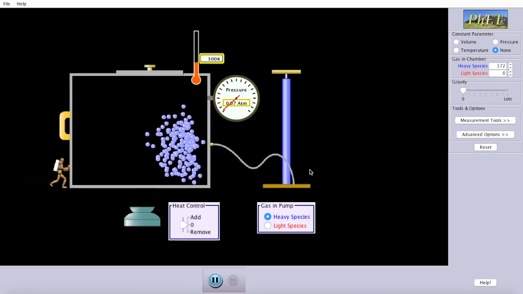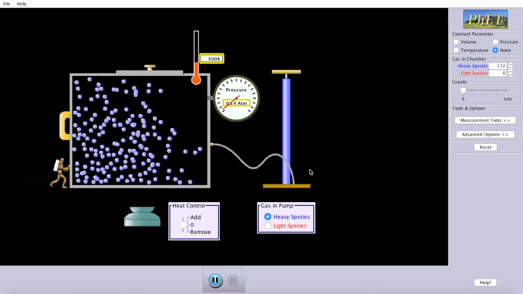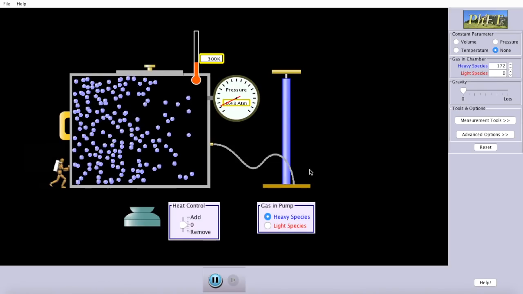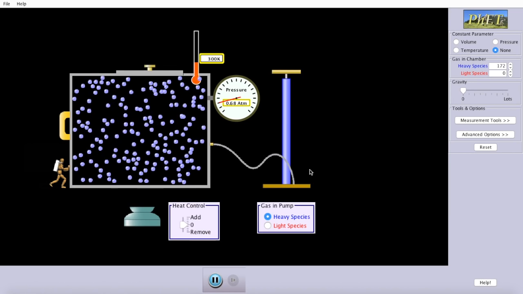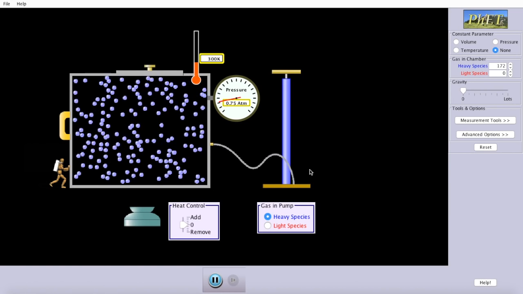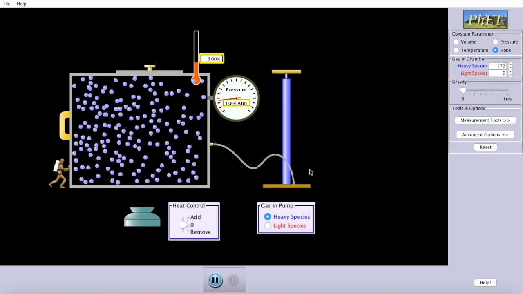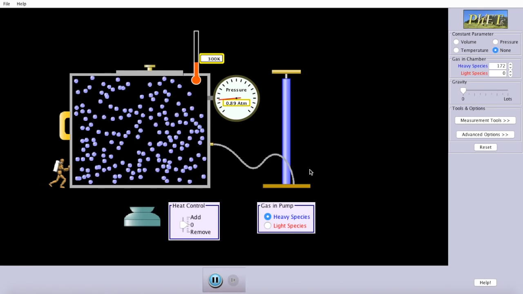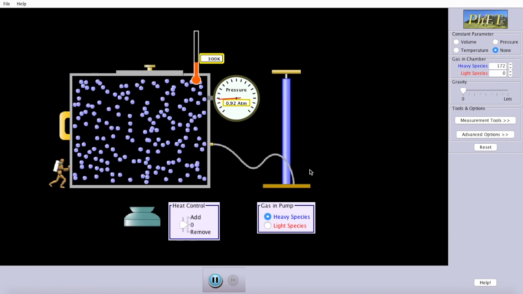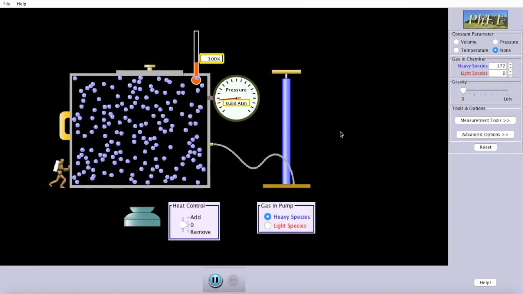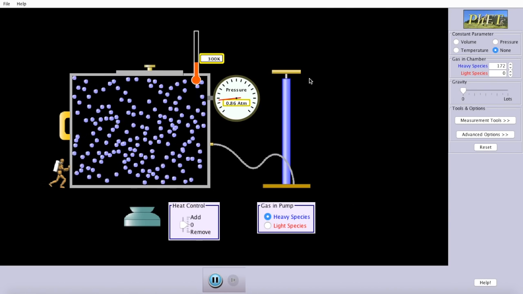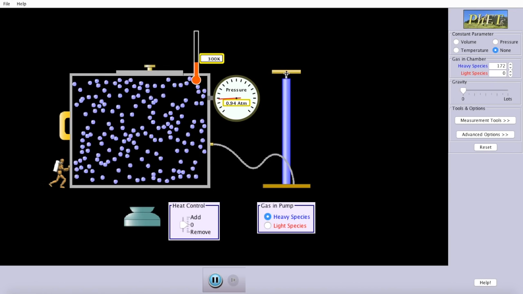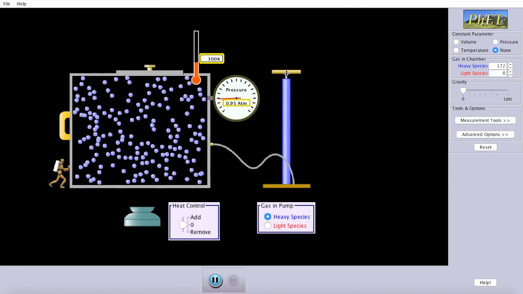Let's throw in a pump of air. We're about to equilibrium there at about 0.9 atmospheres, temperature at 300 Kelvin. And then let's see what happens when we put another pump of air in.